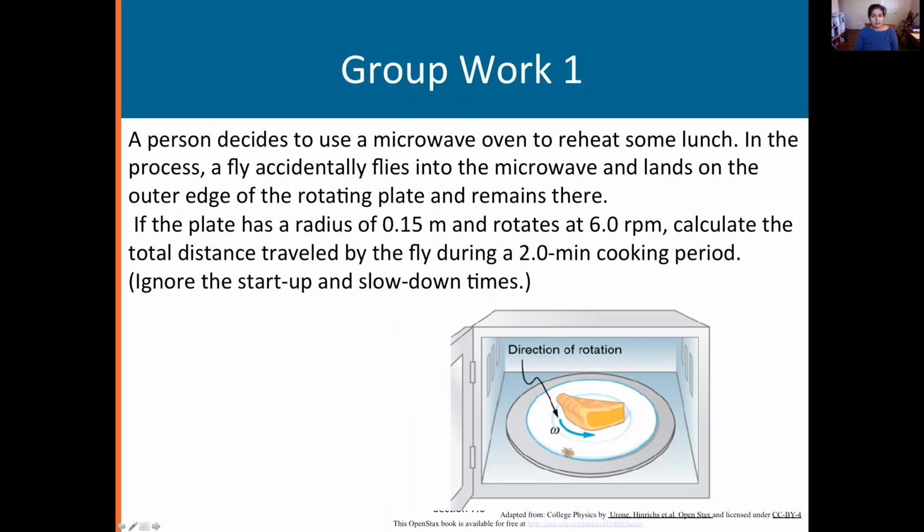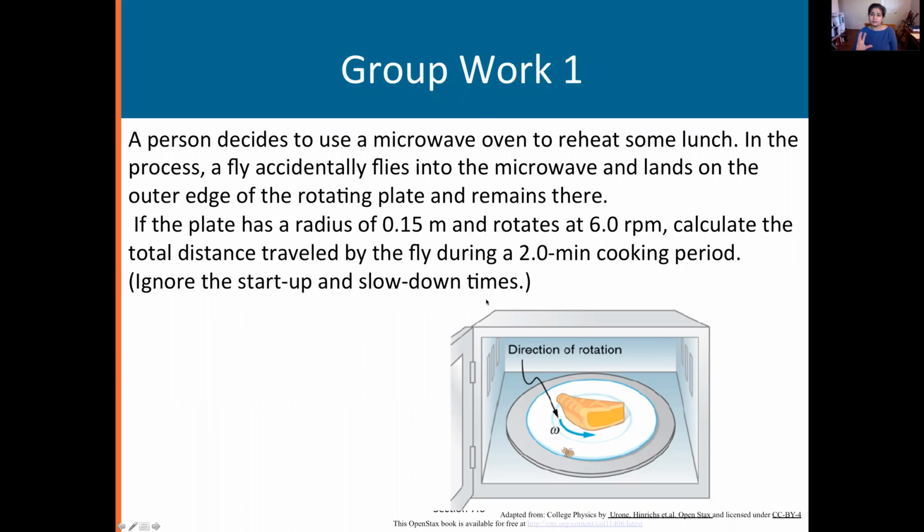There it is, and remains there. If the plate has a radius of 0.15 meters and rotates at 6 RPM, that means revolutions per minute, calculate the total distance traveled by the fly during a 2-minute cooking period. Ignore startup and slow down times.